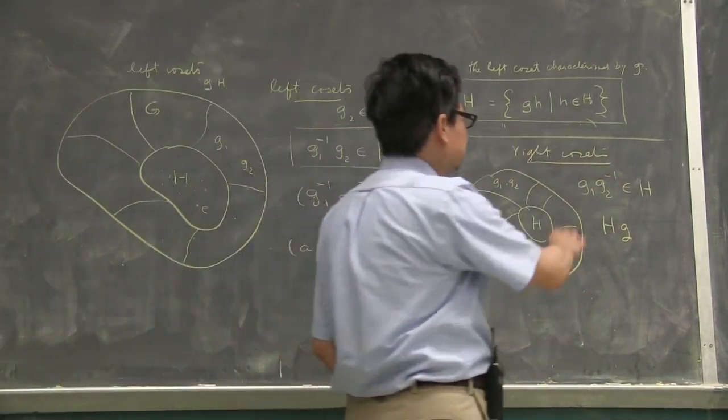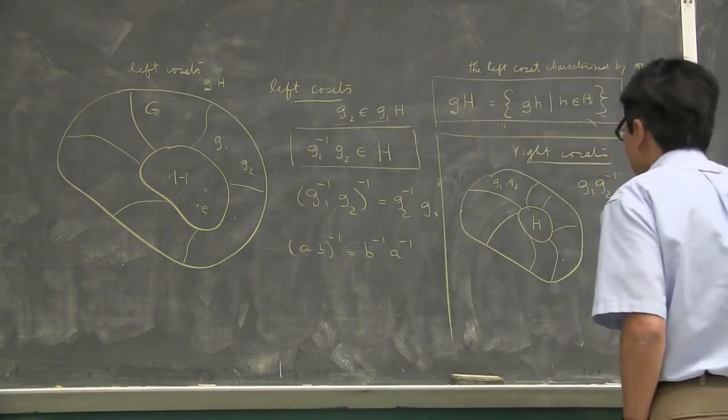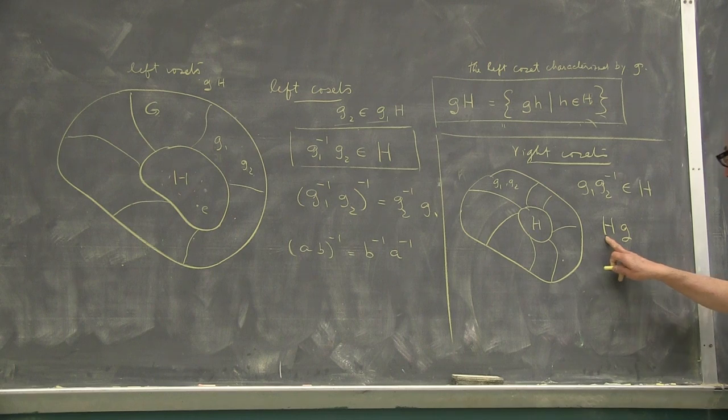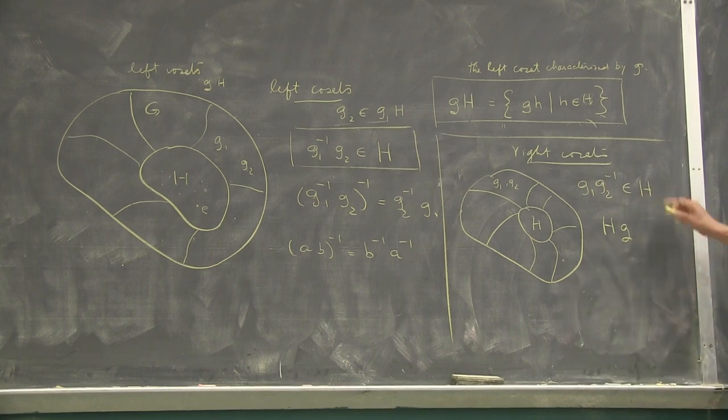Where you use some g within the original group big G, and you multiply g on the left-hand side by all elements of H. Then the set that you get is said to be the right coset that's characterized by this particular group element.